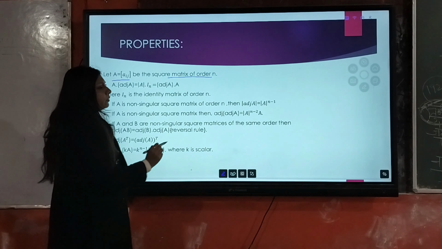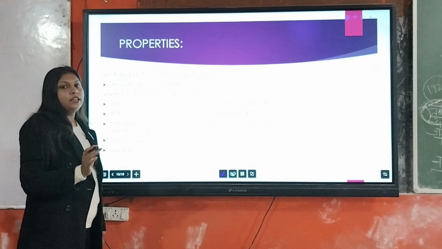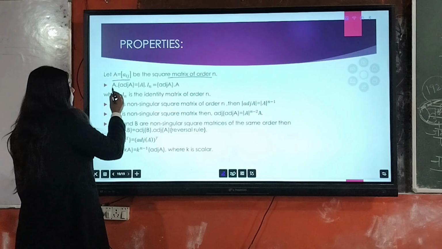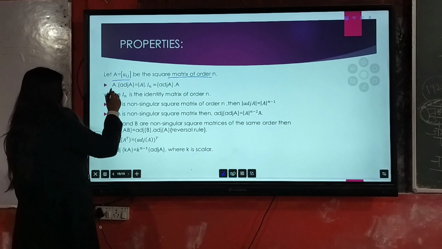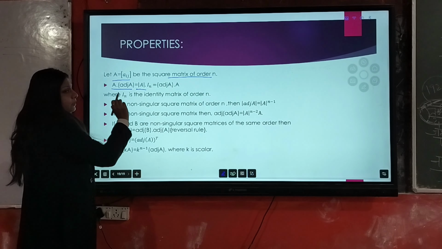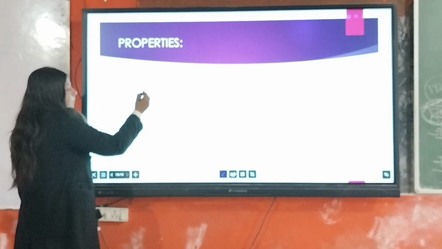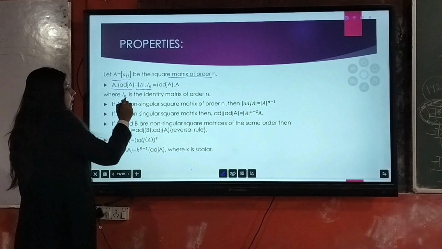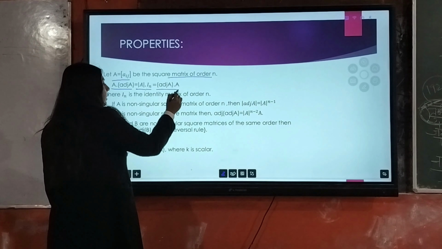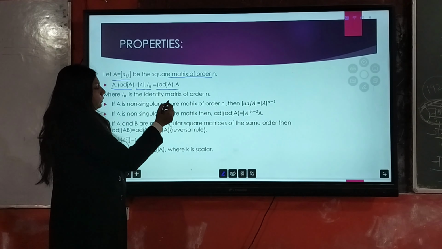That is, the number of rows and the number of columns are n. Basically n can be any integer. So the first property is A times adjoint of A is equal to determinant of A multiplied with In, where In is the identity matrix of order n, which is equal to adjoint of A into A.